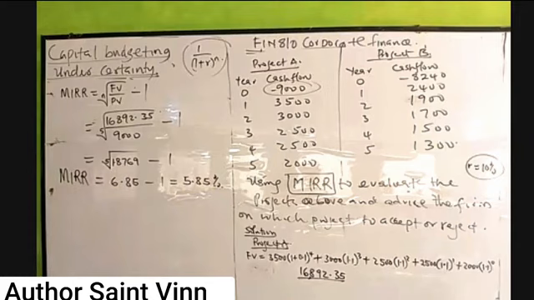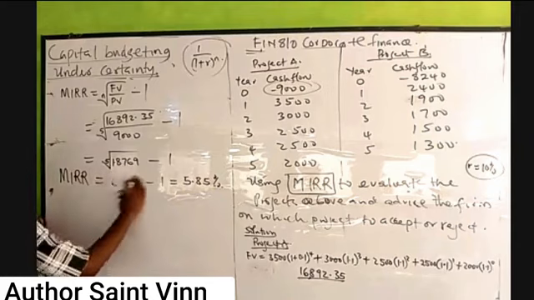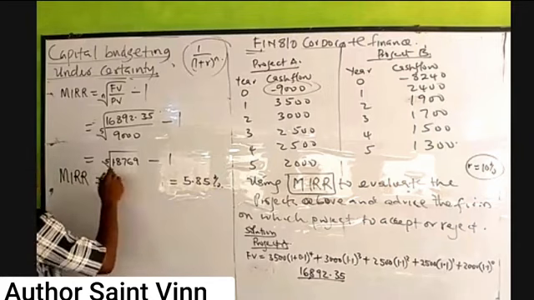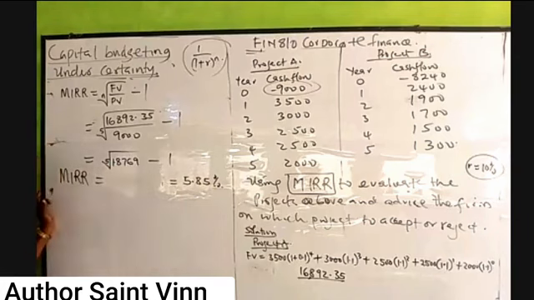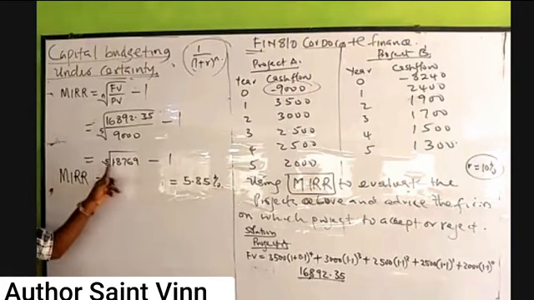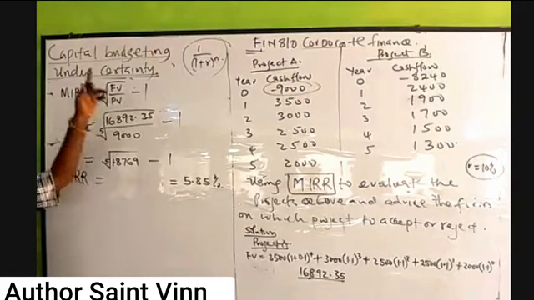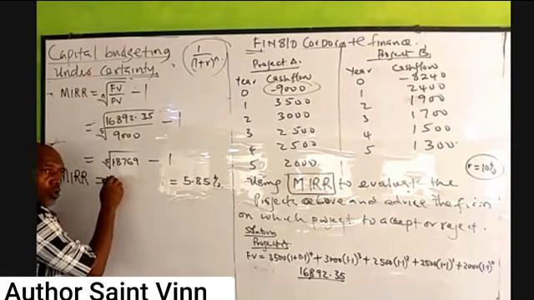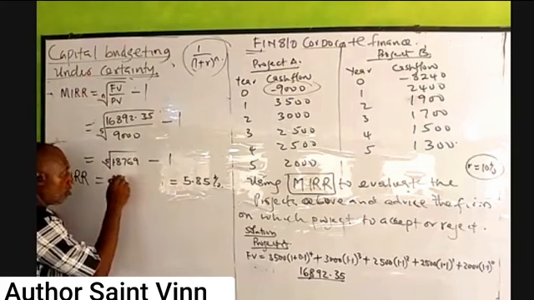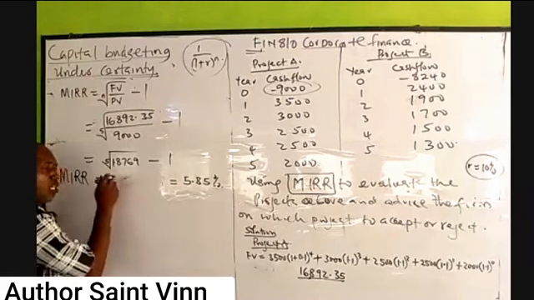Okay, press your calculator. 1.876 raised to power 0.2, because this 5 is 1/5. So 1.876 raised to power 0.2. What do you have? This is 1.1.